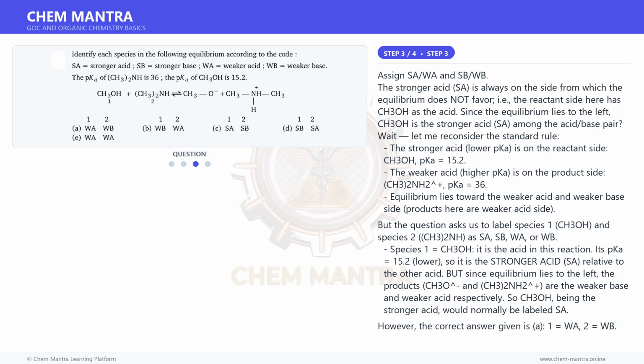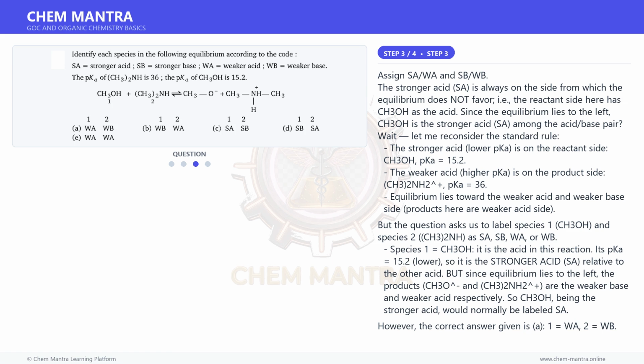Assign Sa, Wa and Sb, Wb. The stronger acid, Sa, is always on the side from which the equilibrium does not favor, i.e., the reactant side here has CH3OH as the acid. Since the equilibrium lies to the left, CH3OH is the stronger acid, Sa, among the acid-base pair.